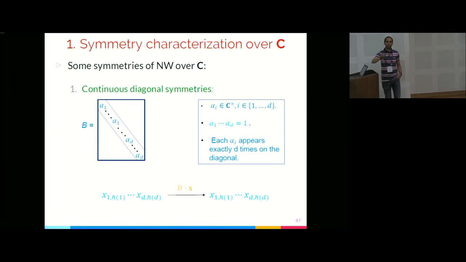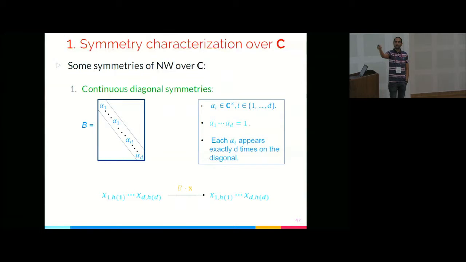Let's convince ourselves that this is indeed a symmetry of the design polynomial. It is sufficient to check it for one monomial because of the linearity of this action. Let me pick the monomial corresponding to the univariate polynomial h. When B is multiplied to x, this monomial gets mapped to the product of alpha 1 up to alpha d, times x1 h1 to x d h d.